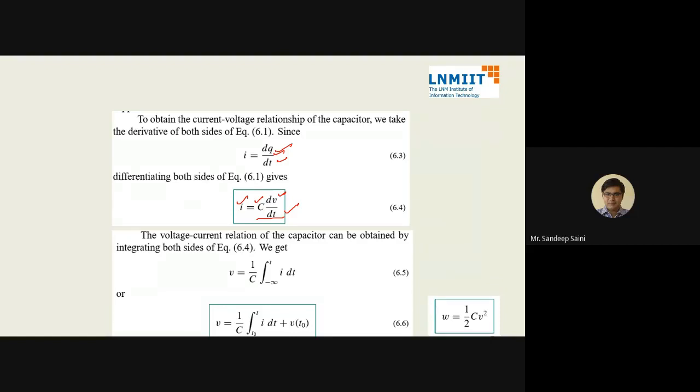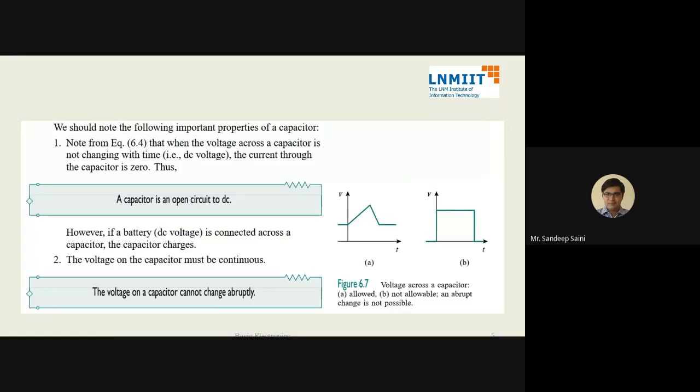For a finite amount of time, it is 1 by C integral from t0 to t of i dt plus the voltage at t0. Work done to have a potential across the capacitor is 1 by 2 CV squared. These are all the things that you already know, and we are revising and refreshing.